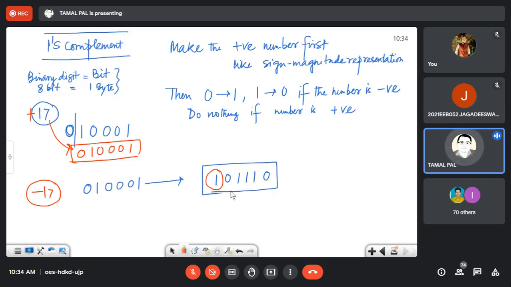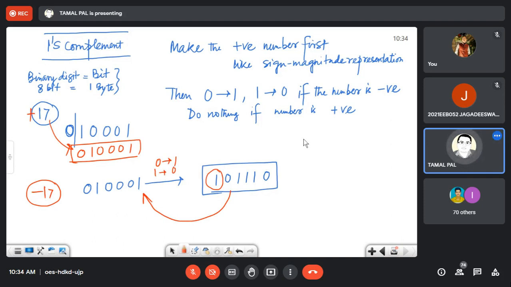And you can also check by converting it back. If you like to convert it back into positive, then you interchange 0 by 1 and 1 by 0. Then you will get the original number back.